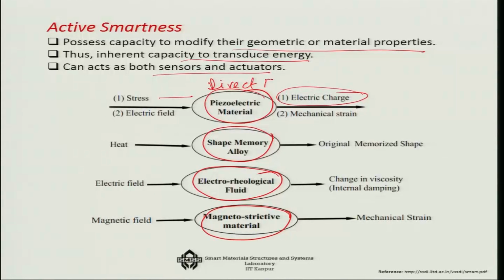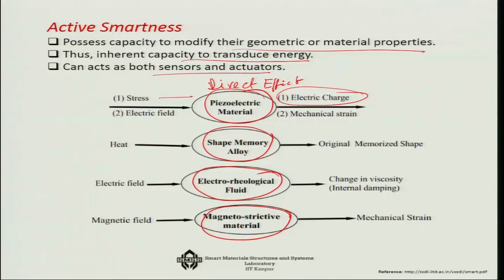So sugar crystal, Rochelle salt, these are some of the naturally available piezoelectric materials which will show this piezoelectric effect. And this effect, that the stress is producing an electric field discharge, I will talk about it later on, is also known as the direct effect of piezoelectricity. But there exists another effect which is known as the indirect effect.